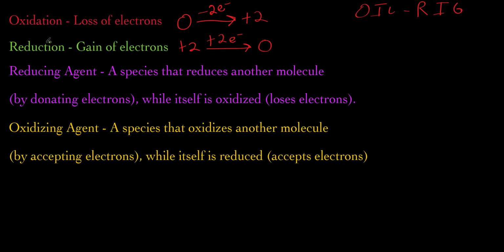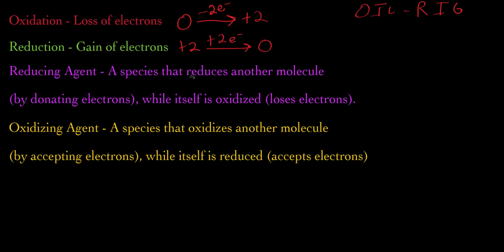That makes sense. So reduction is the gain of electrons, or to memorize it better, reduction is the decrease in oxidation number.